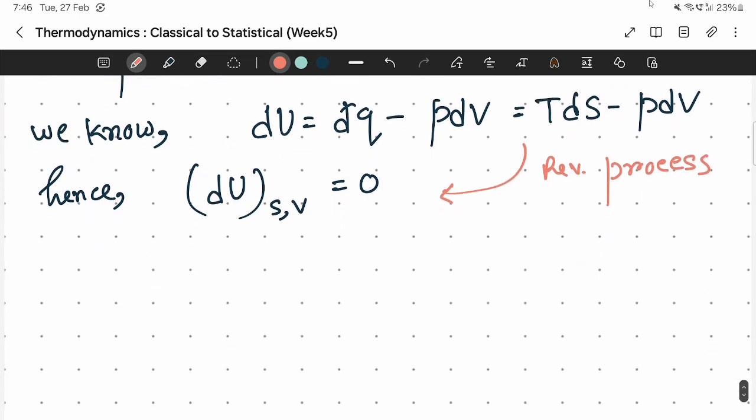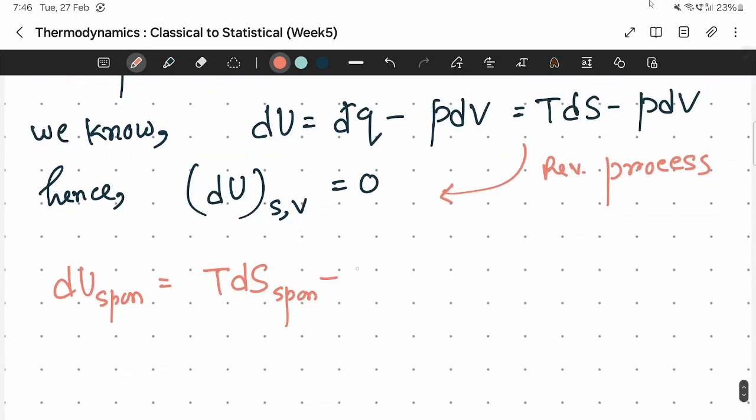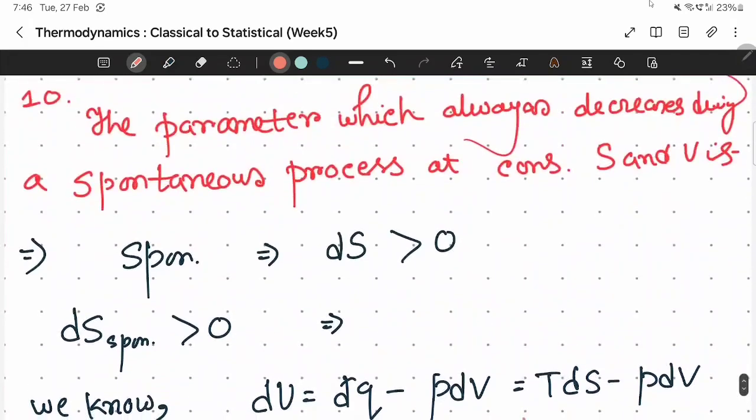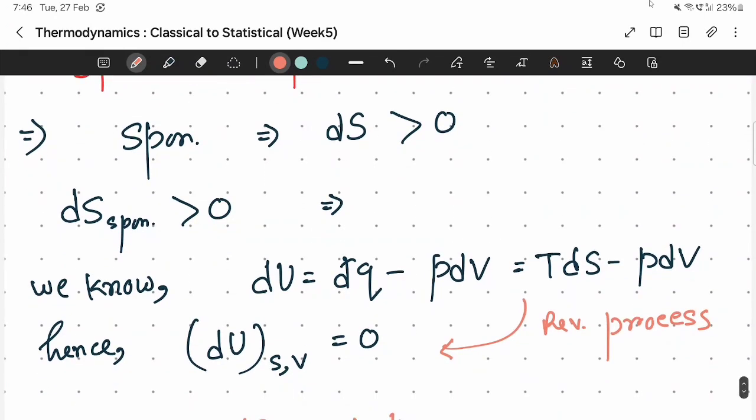Here we have to put del U for the spontaneous process. If dS is greater than 0 for a spontaneous process, then dU should be less than 0, right?